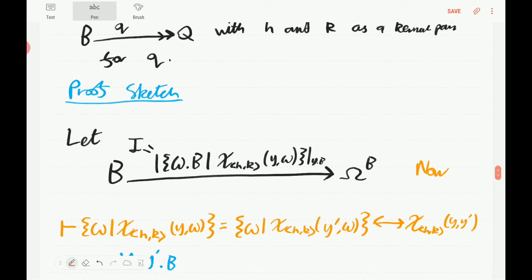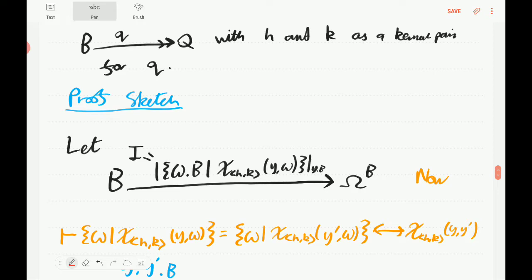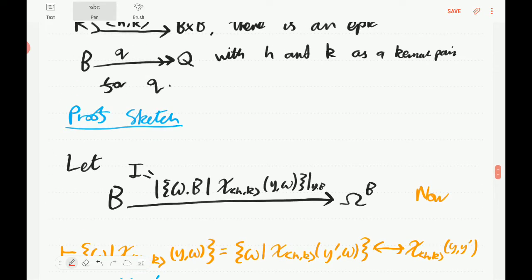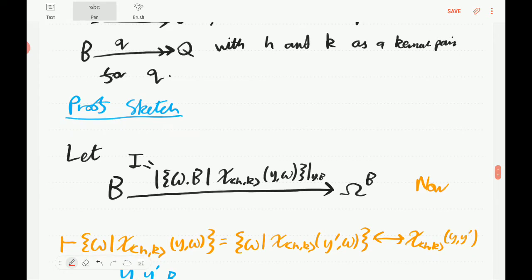Well, basically, we form this arrow I, which is going to be the interpretation of the quasi-set of w of type B such that chi of ⟨H, K⟩ of ⟨y, w⟩.